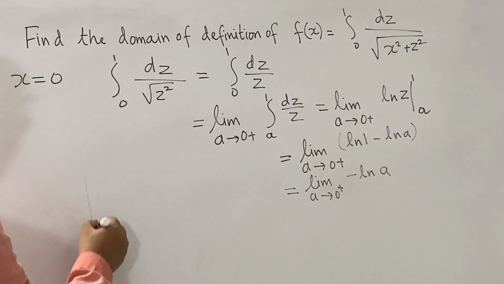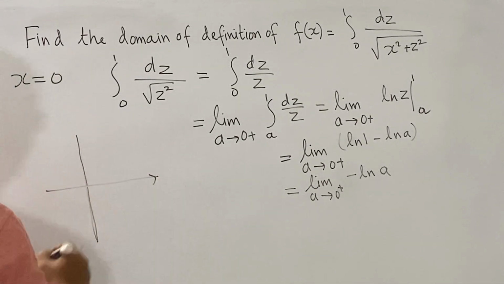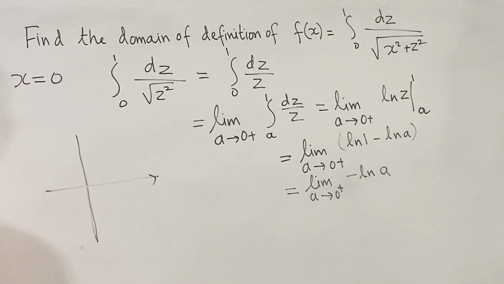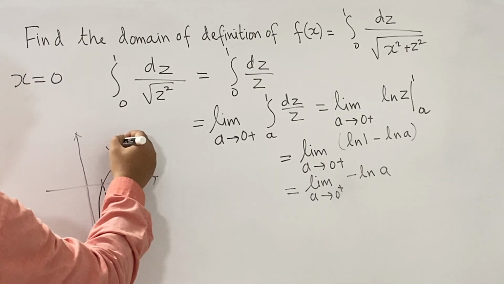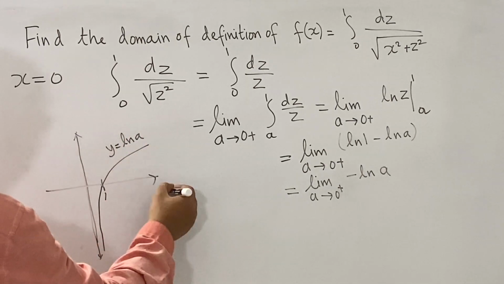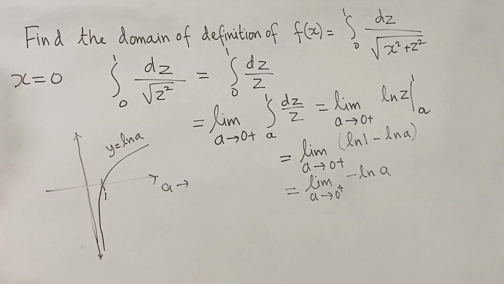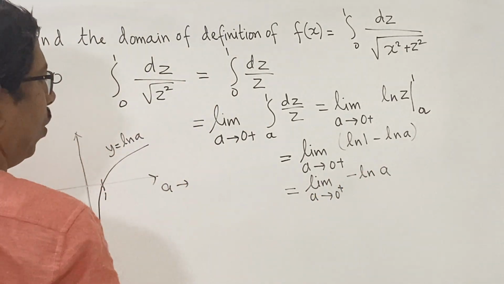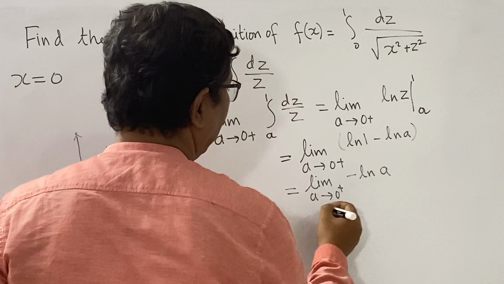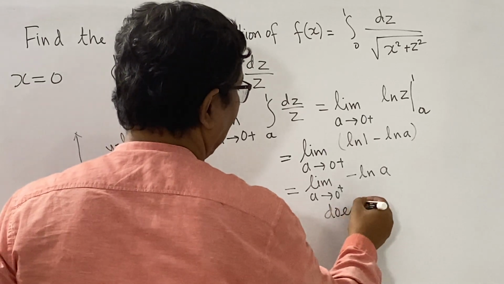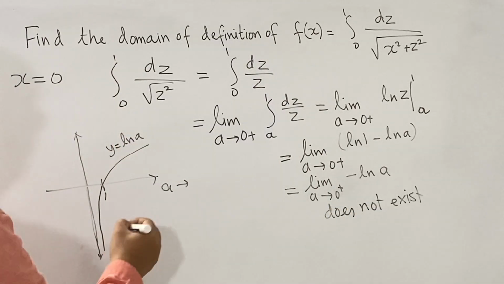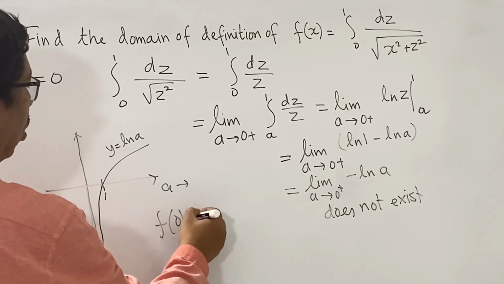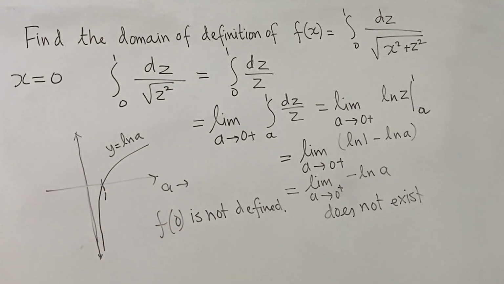However, if you recall the graph of the logarithmic function y is equal to log of a, as a goes to 0 plus, log a goes to minus infinity, so this limit does not exist finitely. So f of 0 is not defined. So at x is equal to 0, the function is not defined.